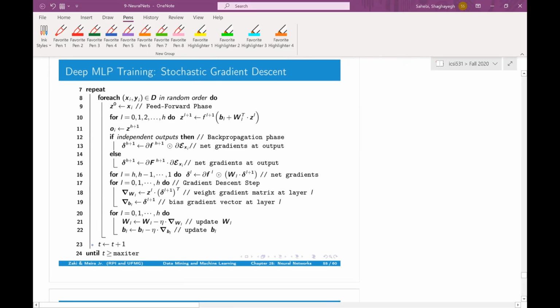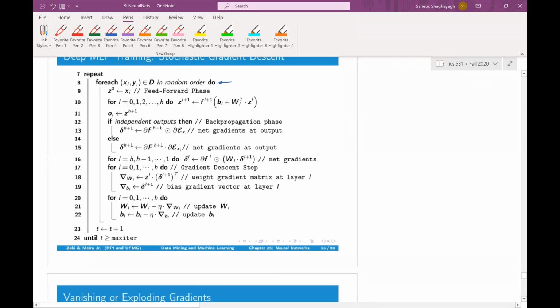So we are going to have max iter number of epochs going over all data. And inside each of these iterations or epochs, we randomly select one data point from our data set. And using the feed forward phase, we are going to calculate the z's and the output for that data point.